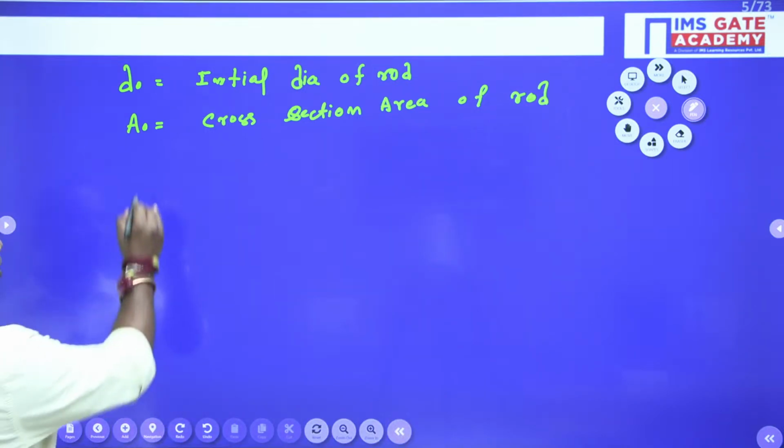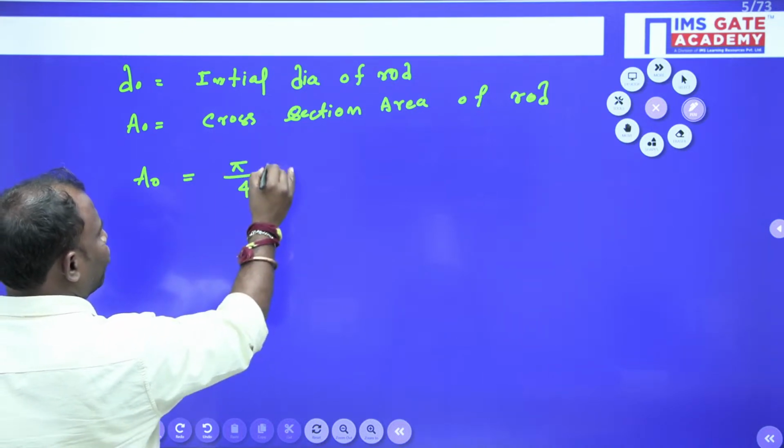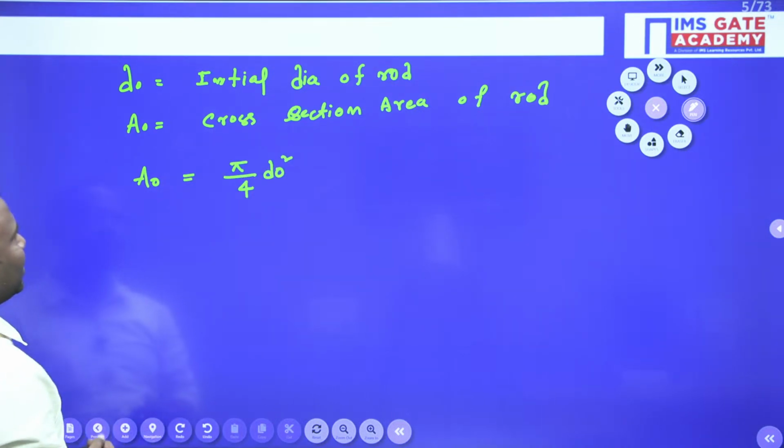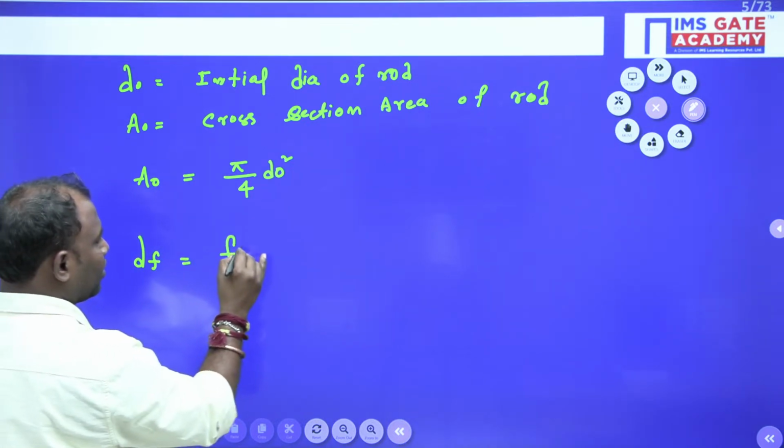How can we calculate A naught? It is pi by 4 D naught square. Similarly, DF is the final diameter of the wire.